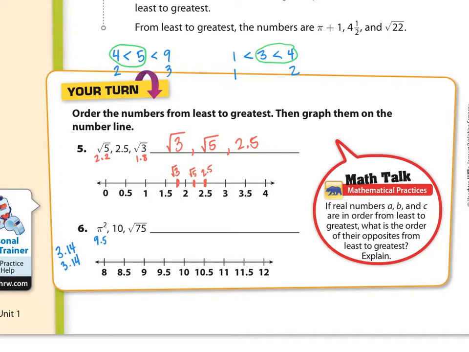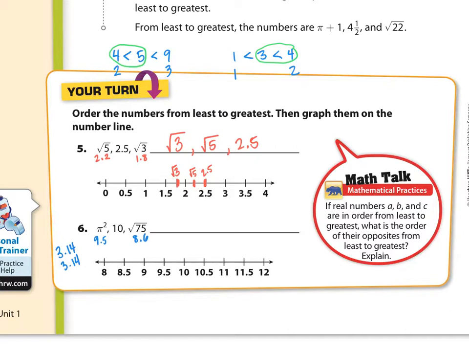And then we have 10, and then square root of 75. I'm not going to go through the work, but it's going to give you about 8 point, just estimating again, about 8.6. Okay, because it's in between 64 and 81. And those are perfect squares.